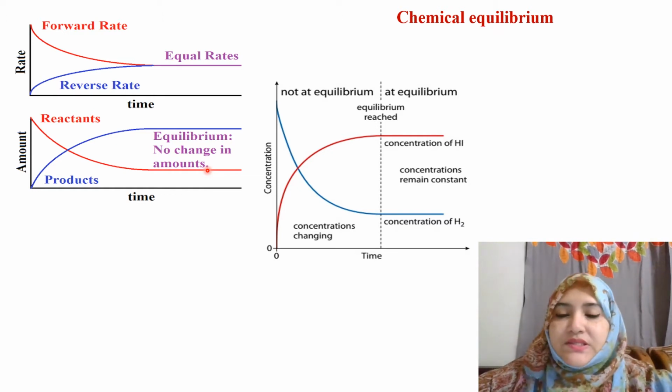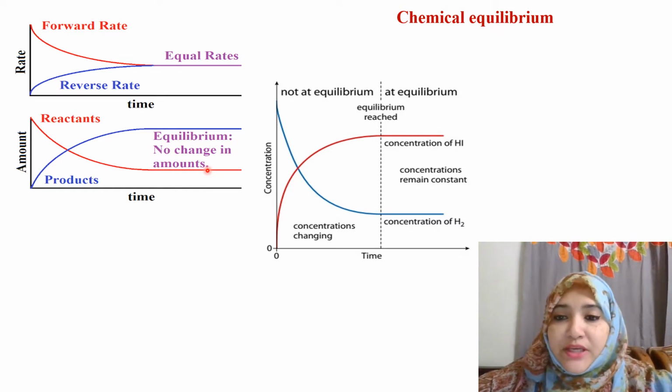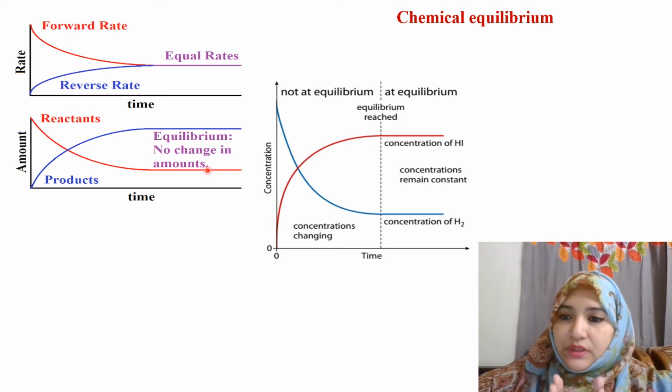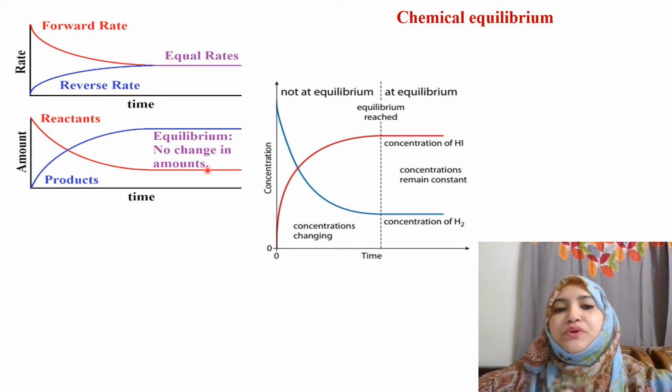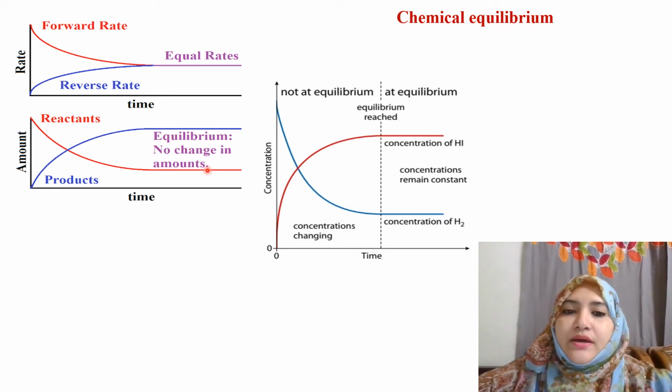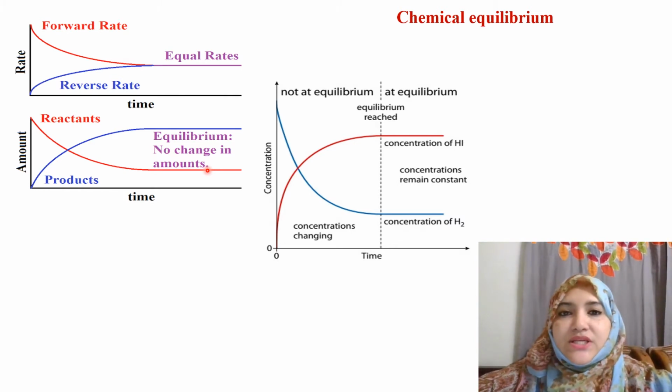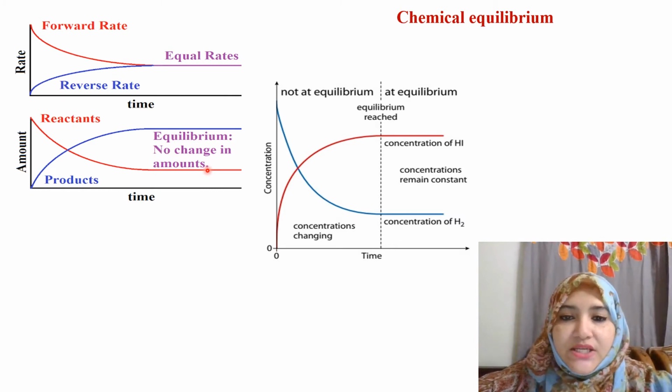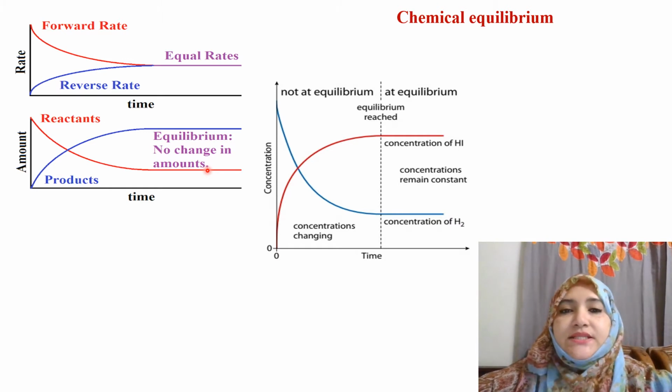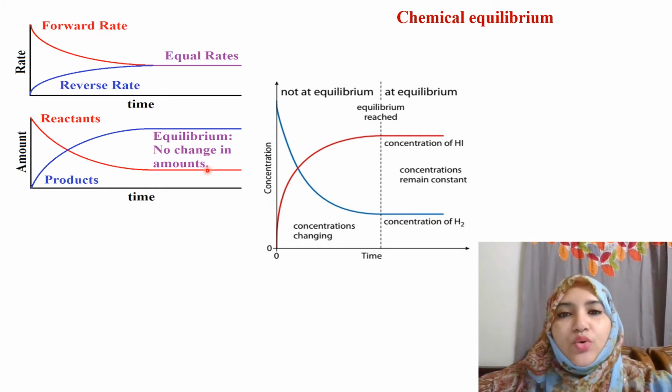For a chemical reaction to be at equilibrium, it must meet two important criteria. One, the reaction must be a reversible process, and two, it must be taking place in a closed system.